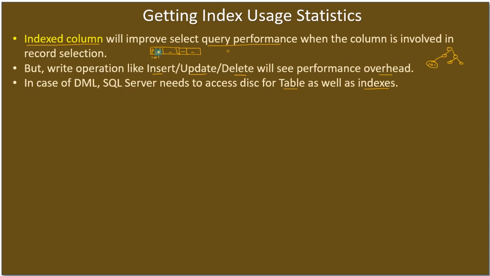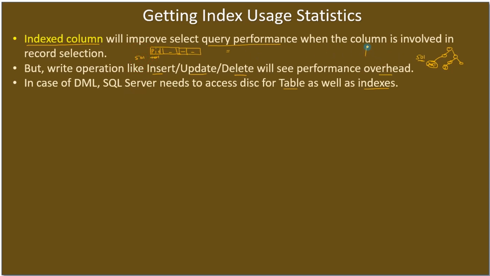And at a later stage, if this product ID is updated, let's say 101 is not there at all and it is 501, it may once again need to make a traversal, remove this node, take a correct fit for this, and add an entry for 501, right? When this product ID is updated to 501, there will be two operations.